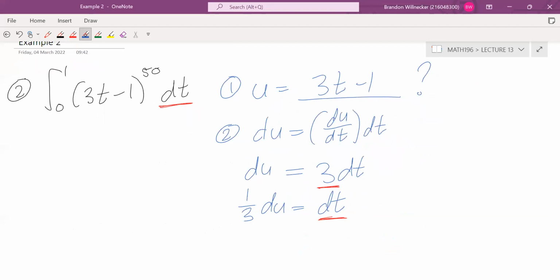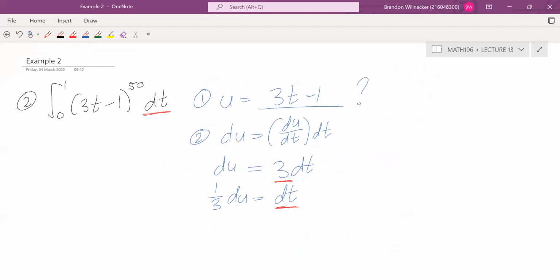But now if we're working with definite integrals, we also have a step 3. That's where we change the bounds. So if x is equal to 0, u is equal to, what is the new lower bound going to be? Sorry, not x, that's t. We're working with t.